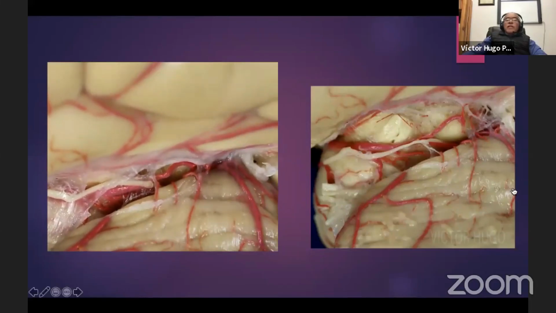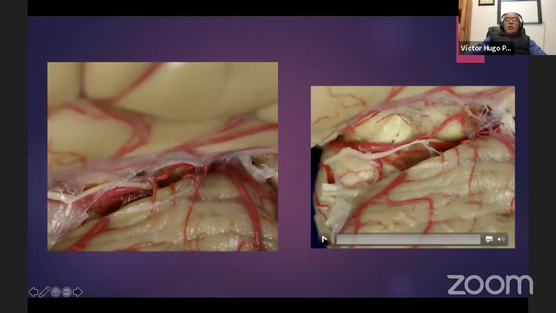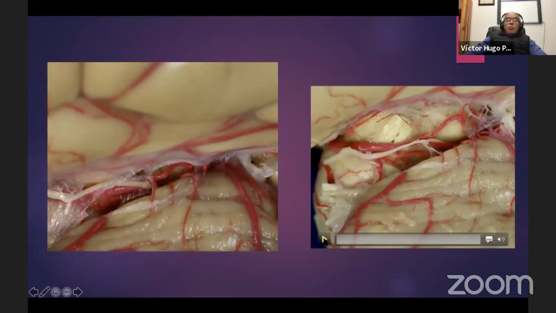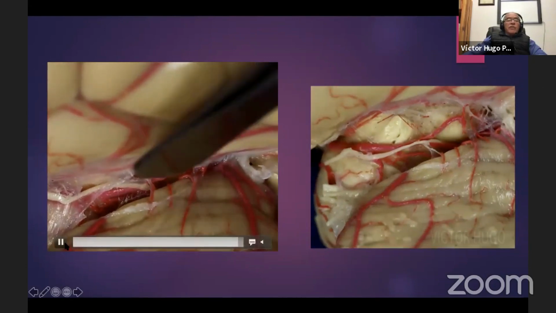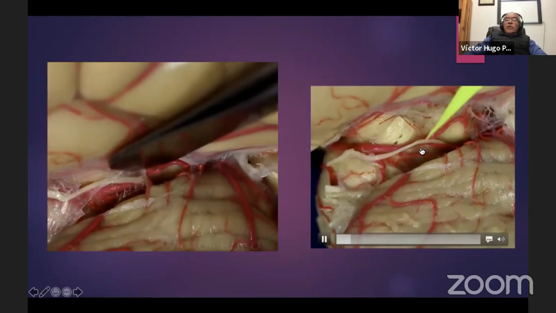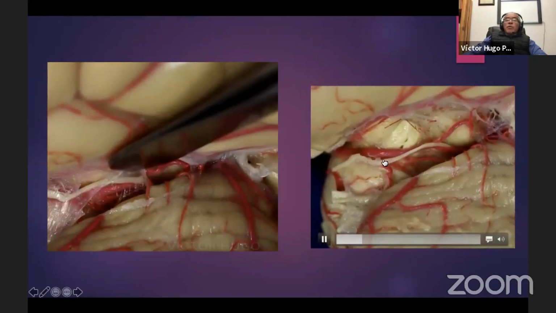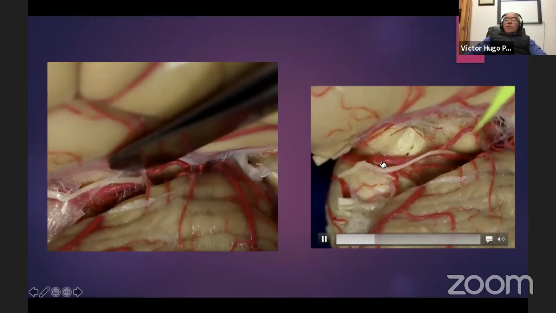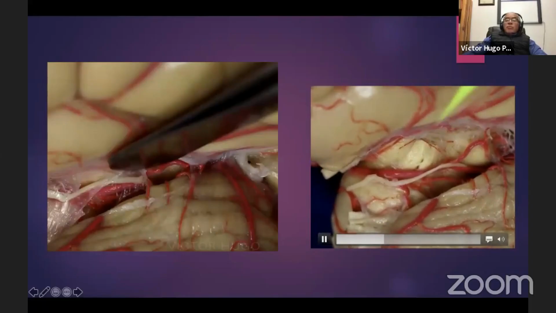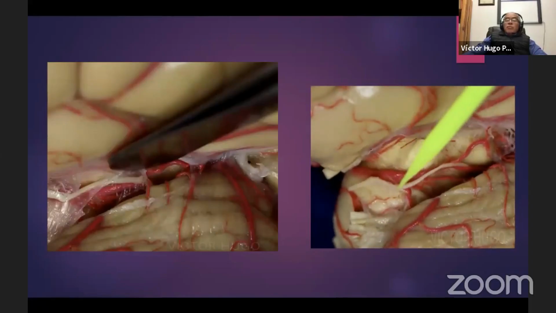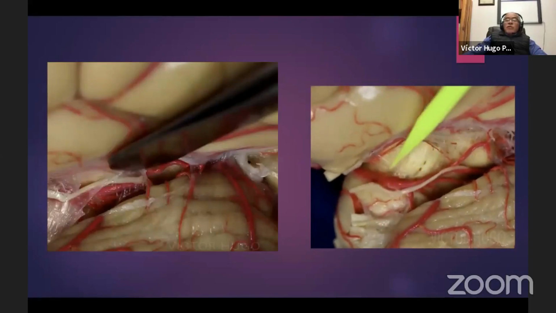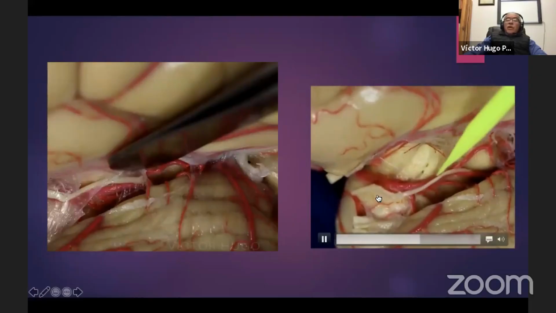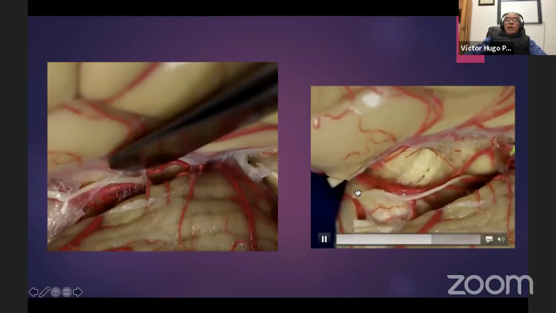So now we can see the crural and ambient cistern. This is the fourth cranial nerve. And this artery is a superior cerebellar artery.